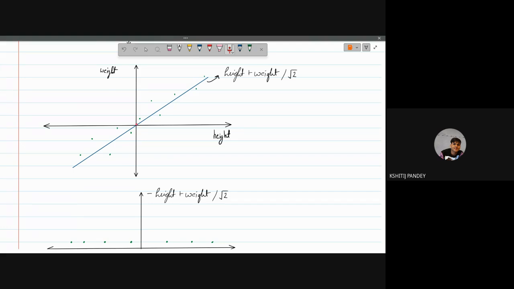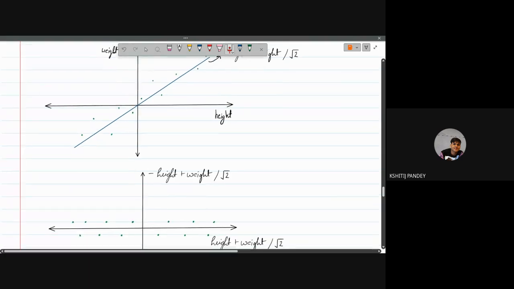Let's say for any vector here, it is 1 unit of height plus 1 unit of weight divided by root 2. So the vector perpendicular to it will be this, right? In that case, when you take the dot product, the value will be 0. Is it clear now? Just take the dot product of the two, and you will understand why these are the values.